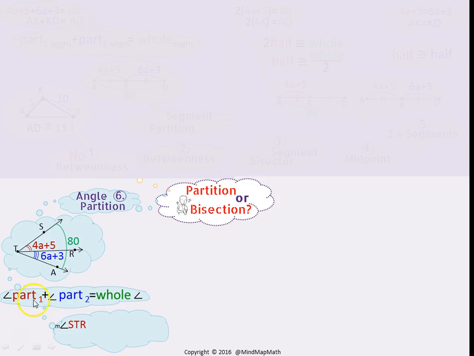So if I'm talking about part angle 1, then it's angle STR. I will add a second angle to it, angle ATR, and we'll clarify that the whole angle they formed will be angle STA.